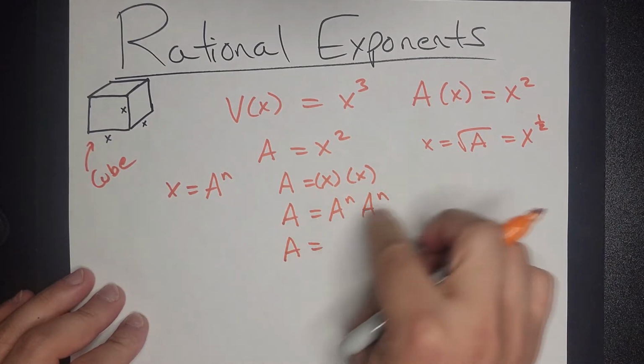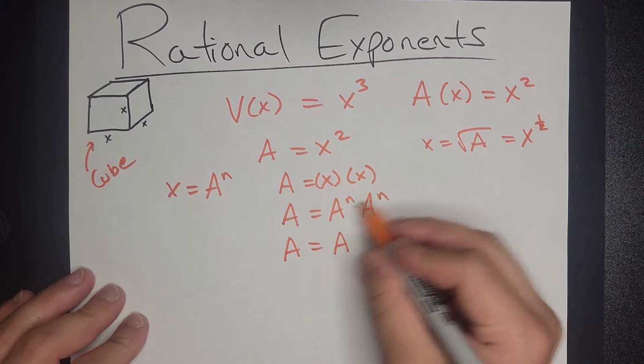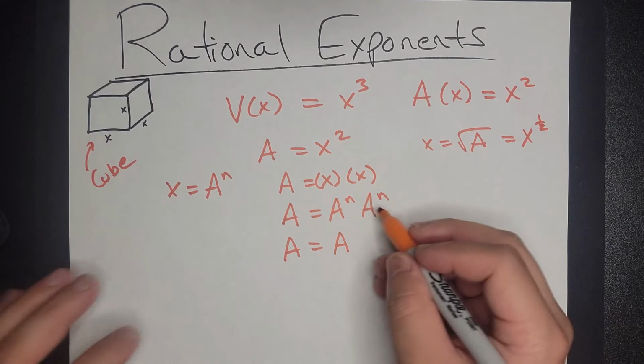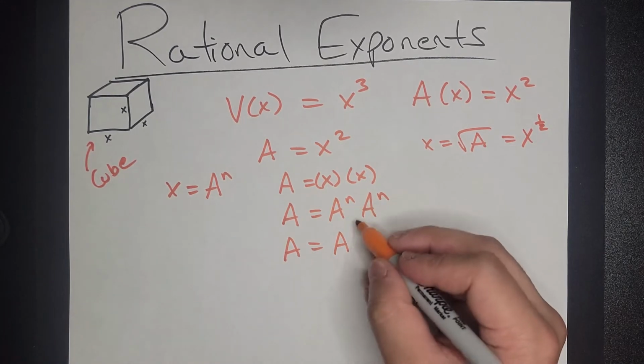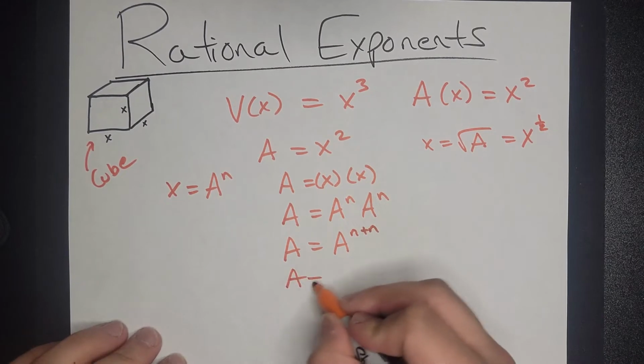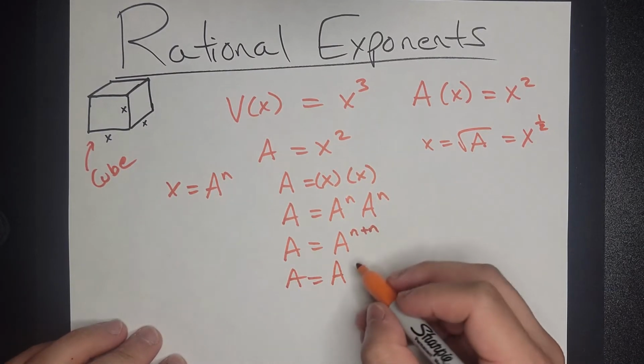And our exponent laws tell us that when we're multiplying exponents, we add them. So it's going to be n plus n, which is also a to the power of 2n.